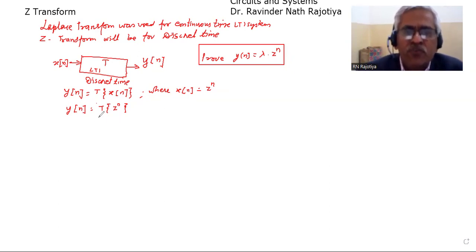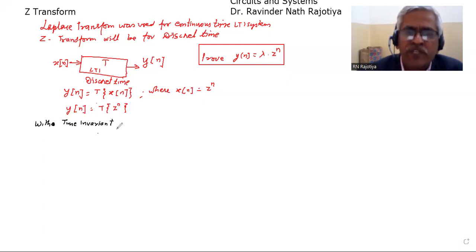Further, you know that we are dealing with a discrete time linear and time invariant system. So we'll see both properties, time invariance and linearity. Let us apply it with the system being time invariant.